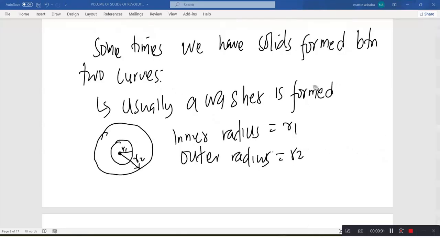So here we are saying that sometimes solids can be formed when we have two curves intersecting at different points.